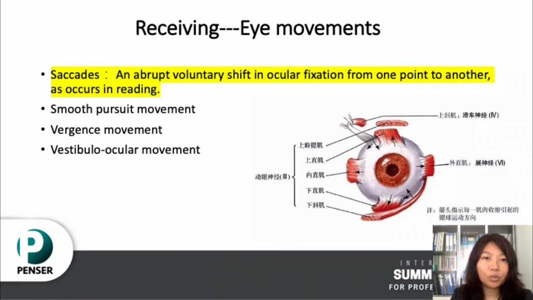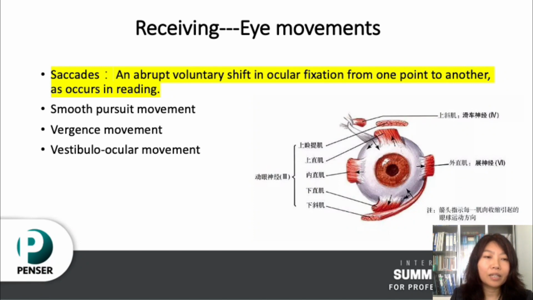In addition to saccades, we have other types of eye movements. For example, the smooth pursuit movement is like when we fixate on a bird flying through the sky. We follow the route of its flying. And also the vergence movement, which happens when we see something very far and something very near.